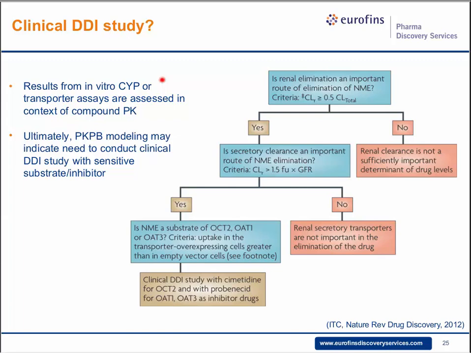In many cases, regulatory agencies will allow clinical DDI studies to be completed post-marketing. So if an interaction is identified in vitro, that doesn't necessarily preclude the drug from further development. It just means that eventually you may have to do a clinical study to demonstrate a potential clinically relevant DDI.